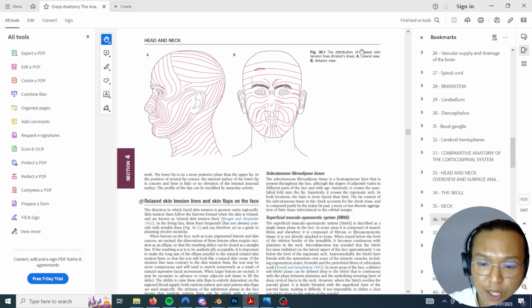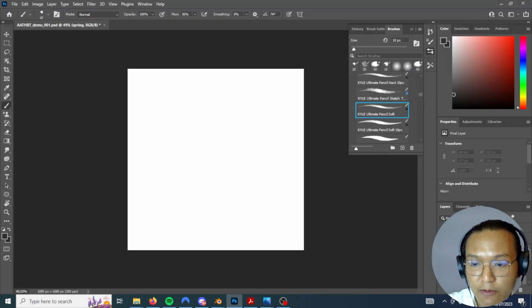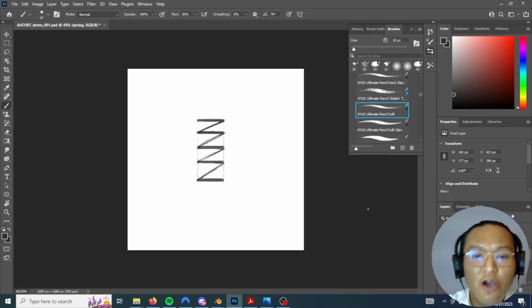So, here's the thing. Let me open my Photoshop, and let's think of a coiled spring, something like this. And the metal is going to be coiled horizontally, like this.